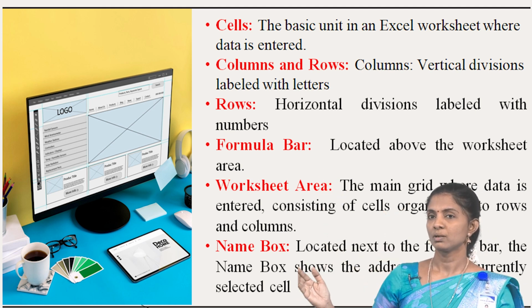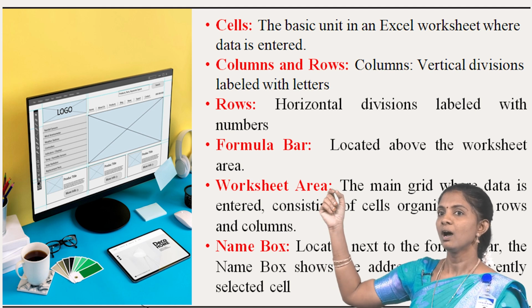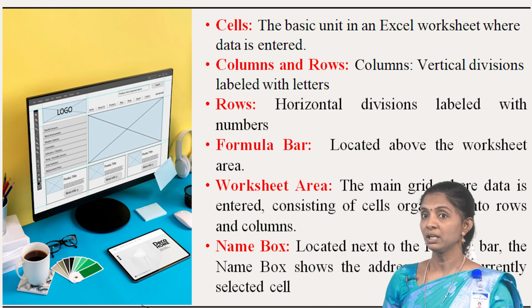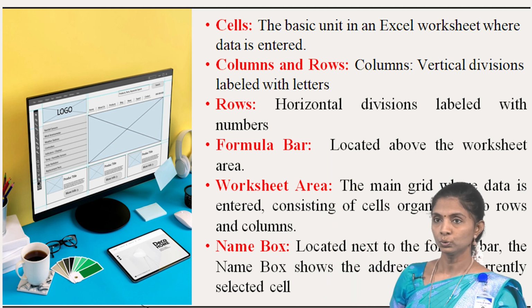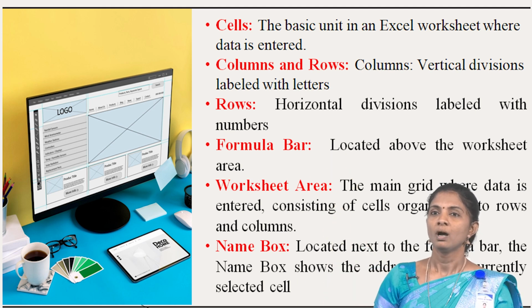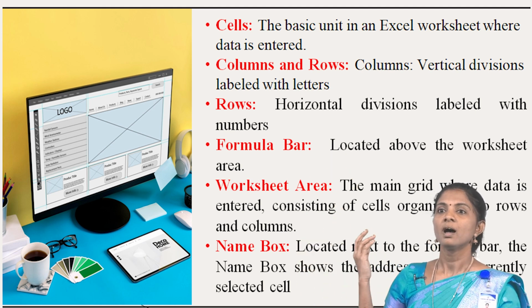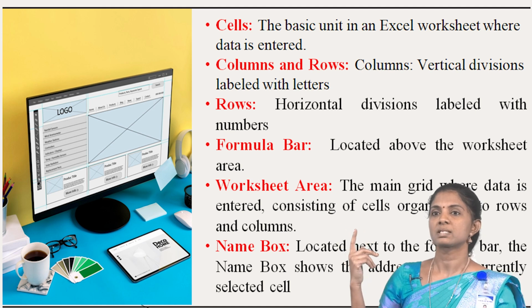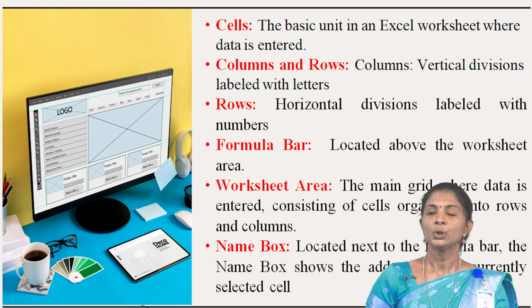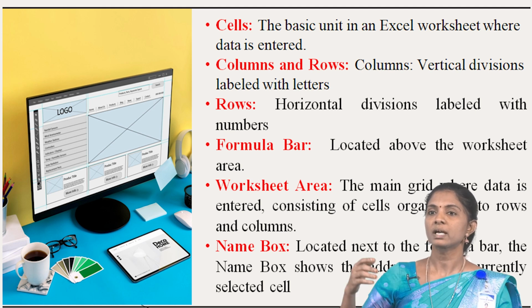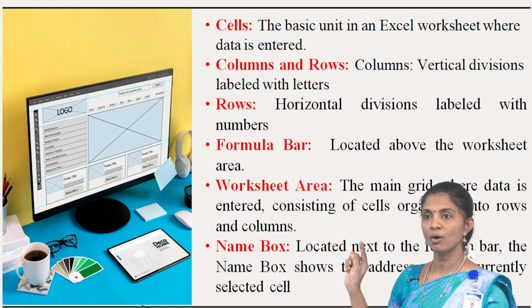Columns and rows. Columns are vertical divisions labeled with letters, running from left to right. Rows are horizontal divisions labeled with numbers, running from top to bottom. Together, the columns and rows form a grid of cells.